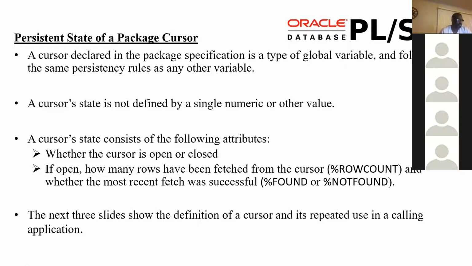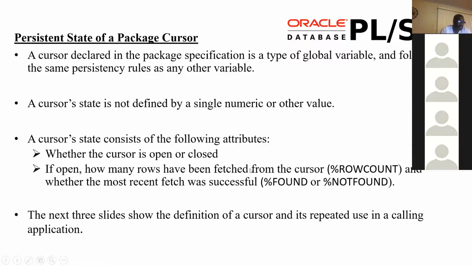The cursor declared in the package specification is a global variable and follows the same persistency rules as any other variable. Just remember, a cursor state is not defined by a single numeric or other value. A cursor is generally whatever you're using it for. A cursor state consists of the following: whether the cursor is open or closed, and if open, how many rows have been fetched.